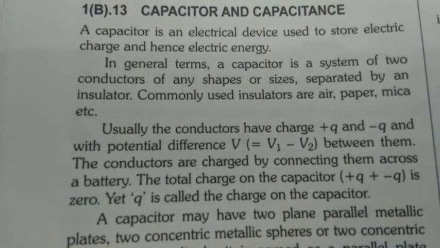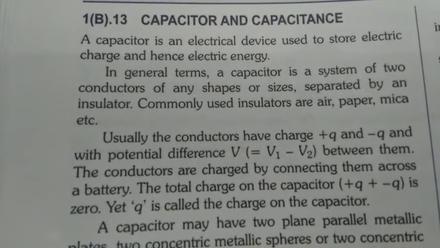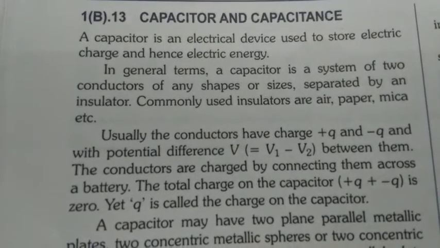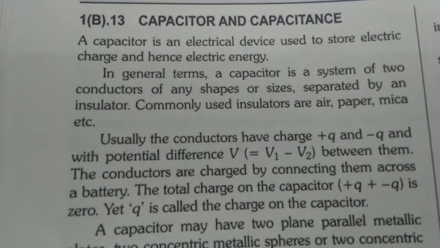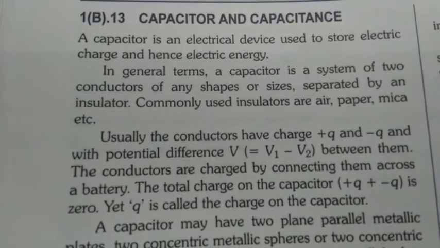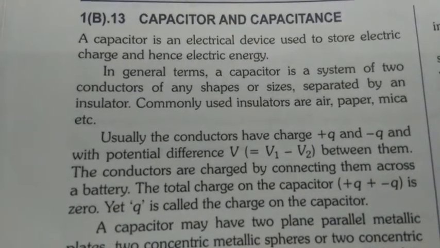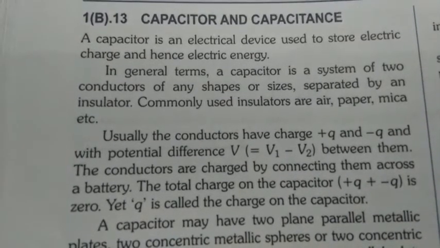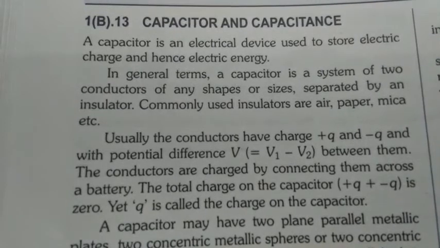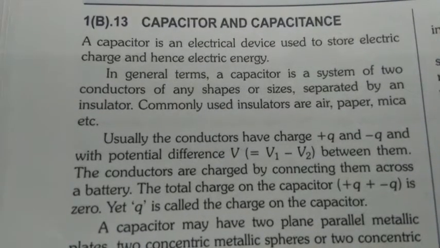The charges are stored on the surface of the conductor, so if we want to save more charges we need more area, a large area. If we want to store a very large amount of charge, we need a very large conductor.